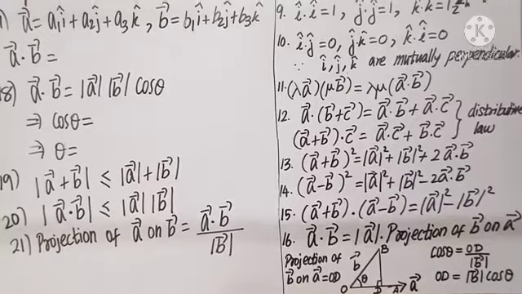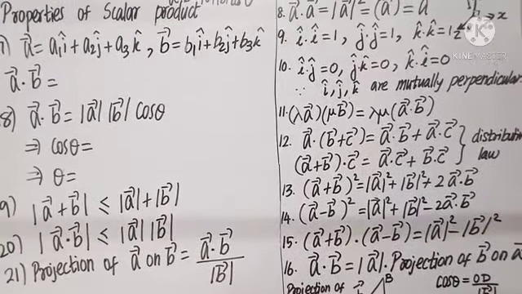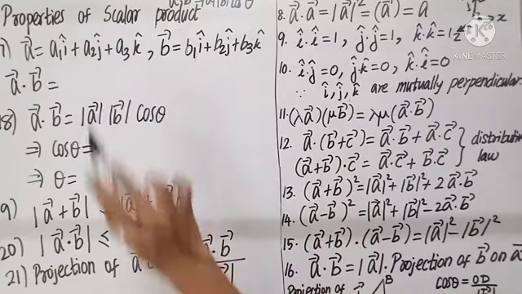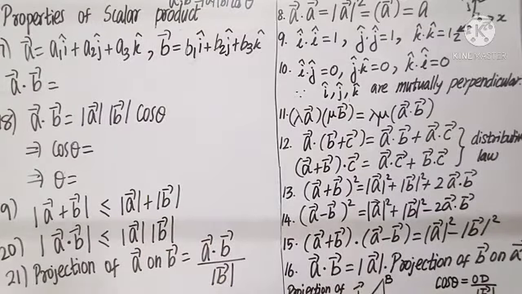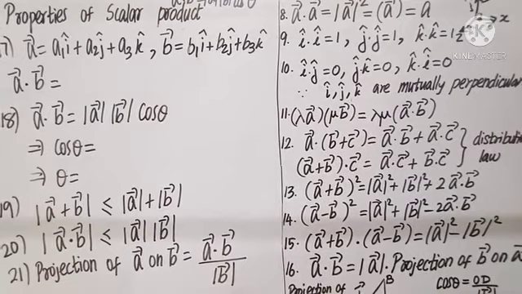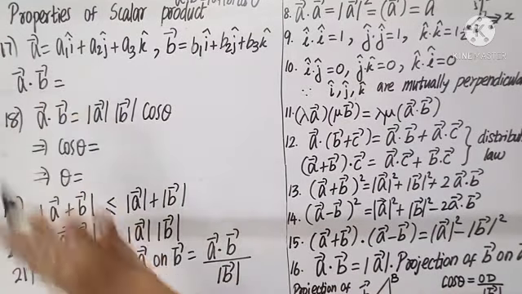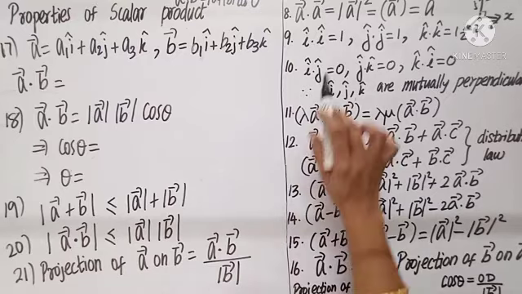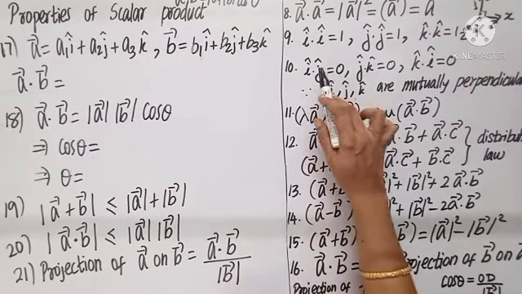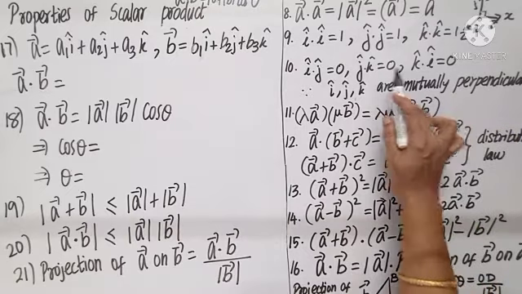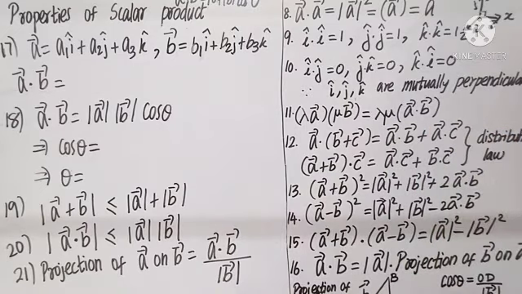Some more properties. If I have A as A1 i plus A2 j plus A3 k and B as B1 i plus B2 j plus B3 k, how are we to find out the dot product? Let us remember i dot j, j dot k, k dot i, these things are 0 because they are mutually perpendicular.